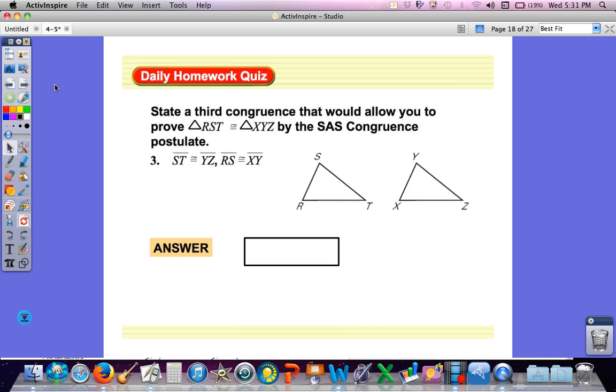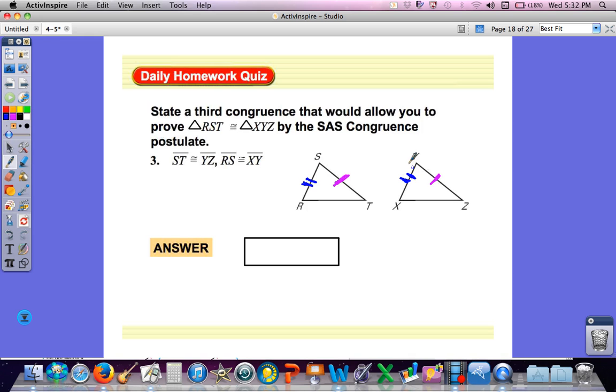State a third congruence that would allow you to prove RST and XYZ congruent by the side-angle-side congruence postulate. So ST is congruent to YZ, and RS is congruent to XY.